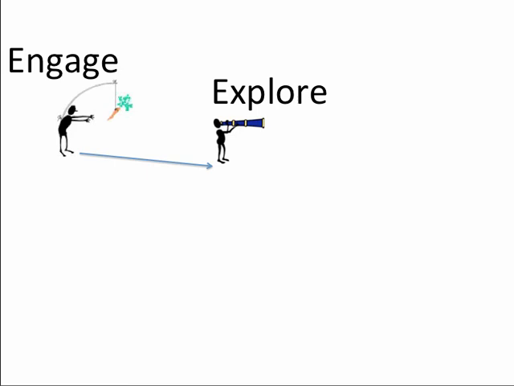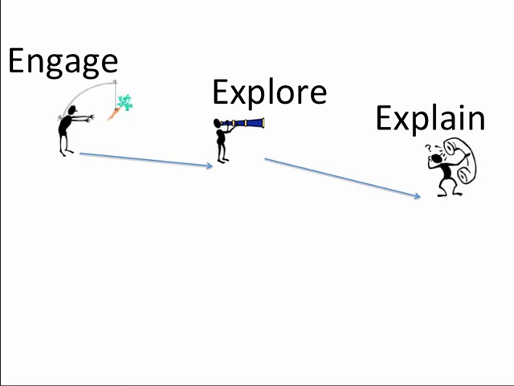Now they may be their questions or your questions. During the explain lesson or lessons, the learner devises explanations for their new observations and their collected data to share with one another and ultimately you. It is in this phase that the teacher may introduce new terminology, scientifically correct terms.